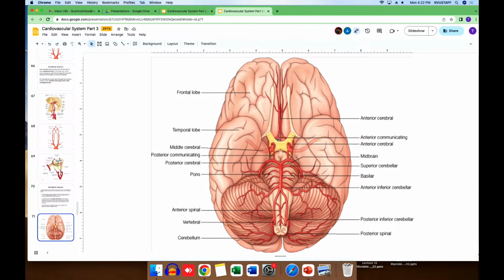And we have two posterior communicating arteries right here, these ones. They connect the internal carotid artery with the posterior cerebral artery, right? The posterior cerebral artery was a branch of our vertebral artery, and thus it is communicating between the internal carotid and the posterior cerebral arteries.